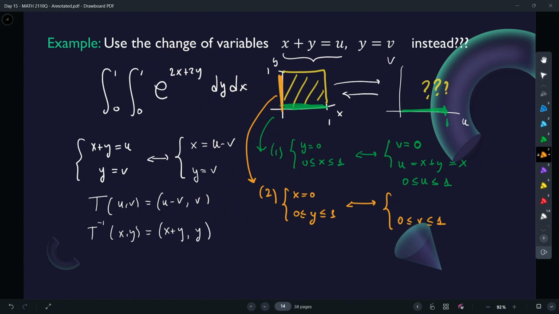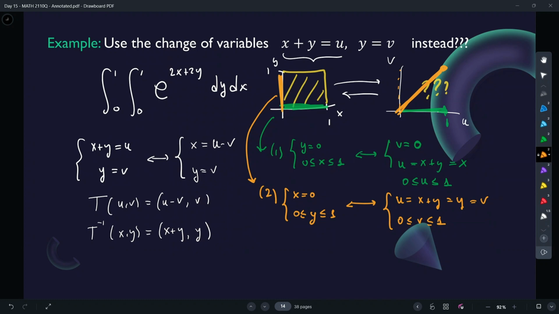And what is happening to u? U is x plus y. X is 0, so this is just y. So u is going with whatever v is. So u is equal to v, and v is between 0 and 1. So v can go anywhere from here to here, but the u coordinate has to match the coordinate of v, so that is a diagonal.